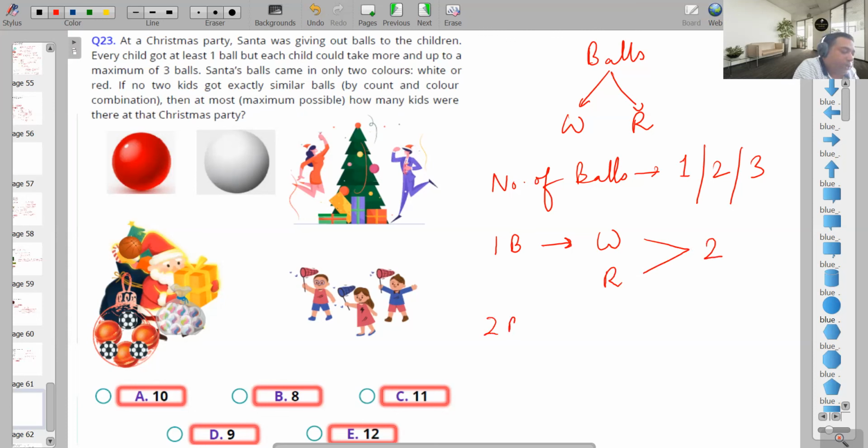If it is a 2 ball combination, then it can be either white-white, red-red, white-red, or red-white. So there are three possible combinations.